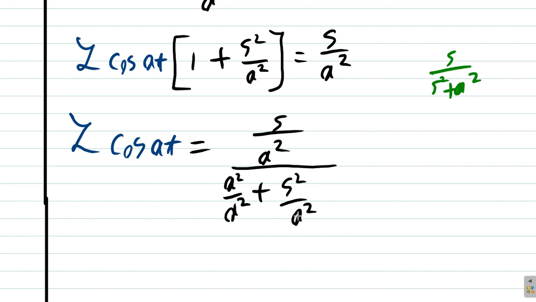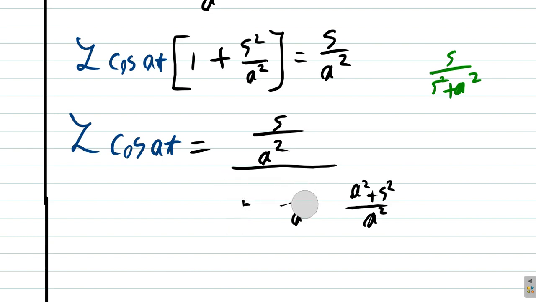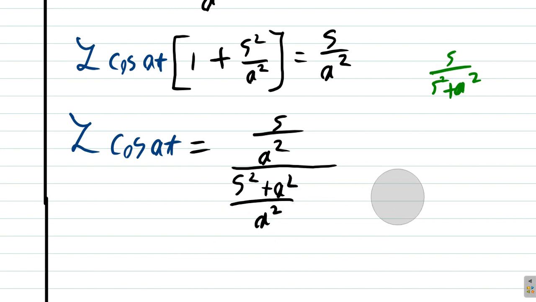You can combine these to make it a squared plus s squared over a squared. So let's put the s squared first to match what we have from the table. S squared plus a squared over a squared.